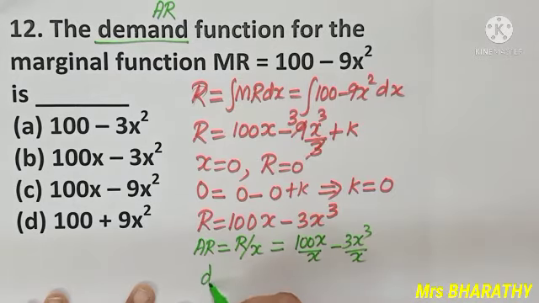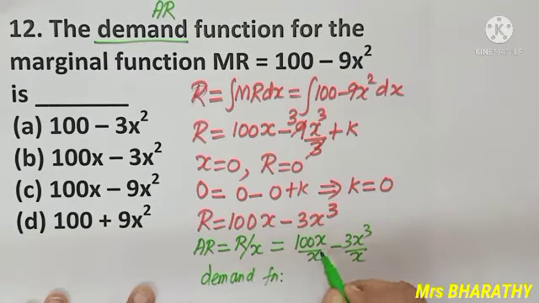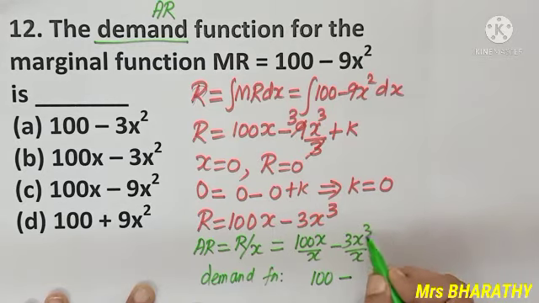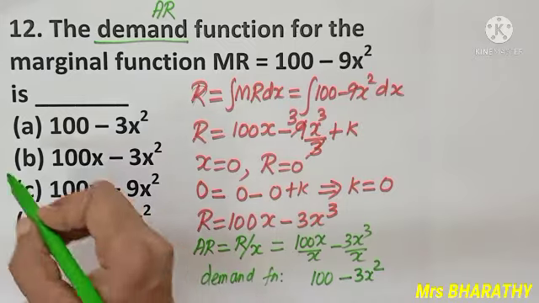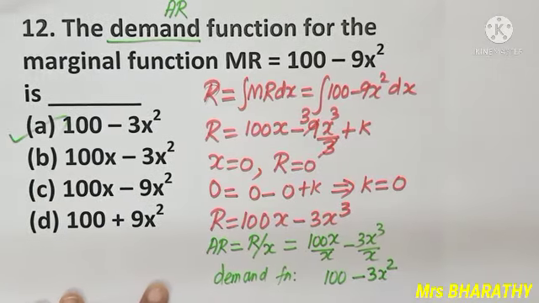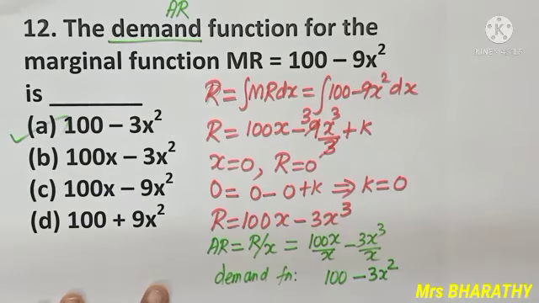So we get the demand function, x and x cancels, 100 minus 3x square. So 100 minus 3x square we call as the demand function, and option A is the right choice.